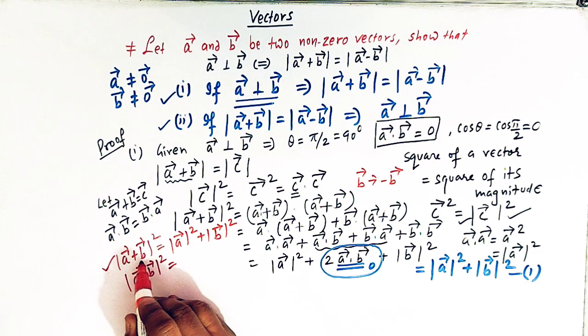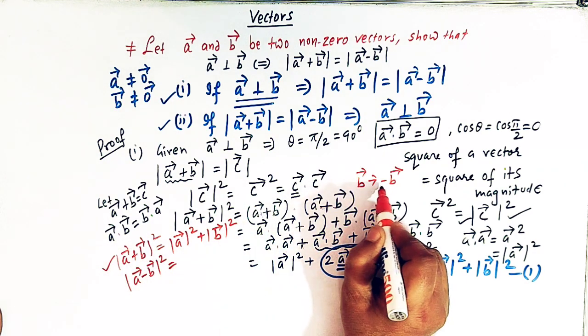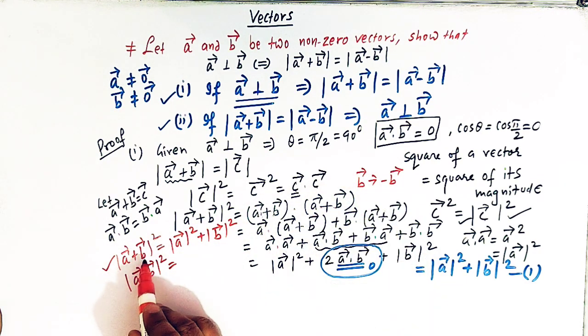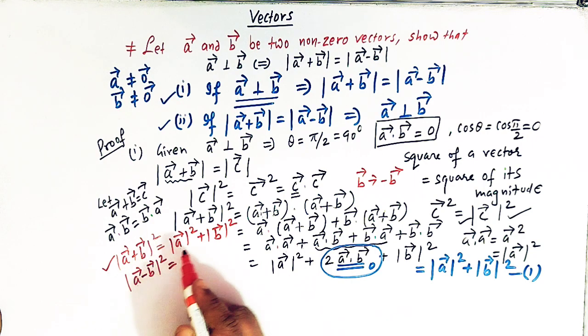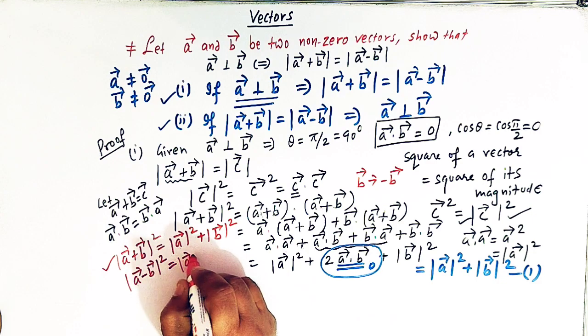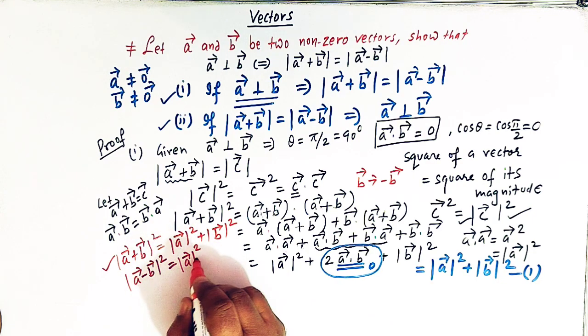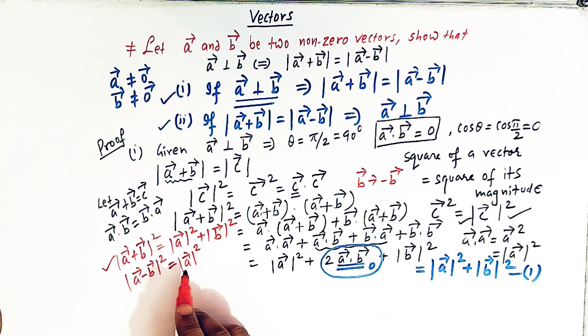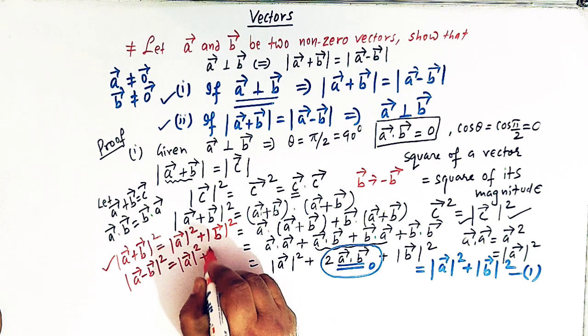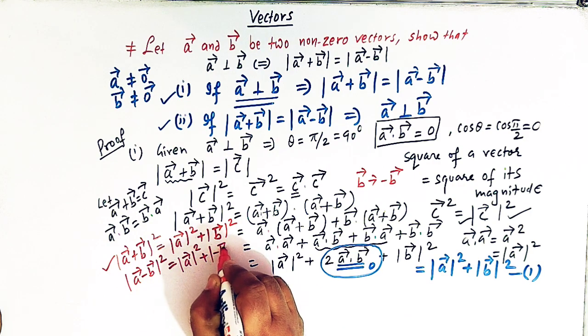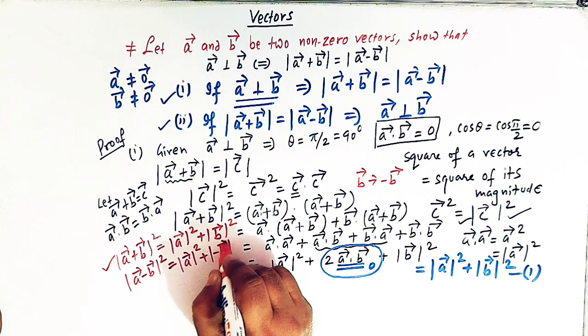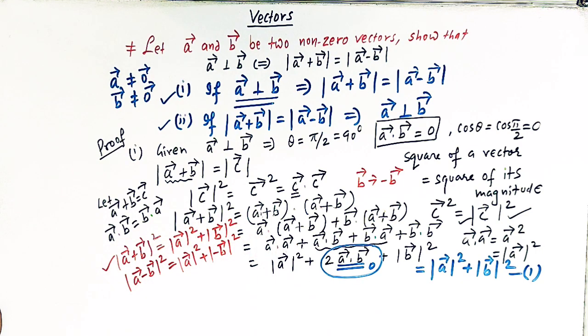So when we replace vector b by negative of vector b, here we have the square of a minus b, and then here we have mod a square, which is the square of the magnitude of vector a, and here we have negative of vector b mod, that is magnitude square, right?